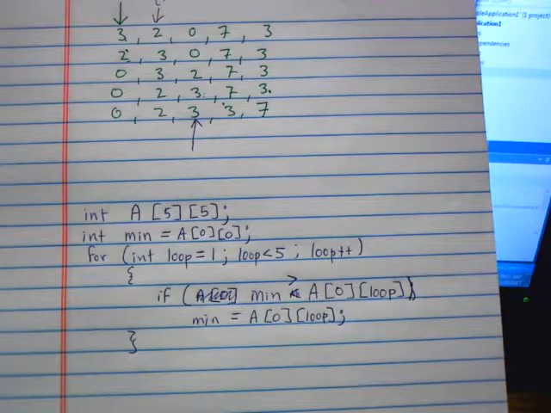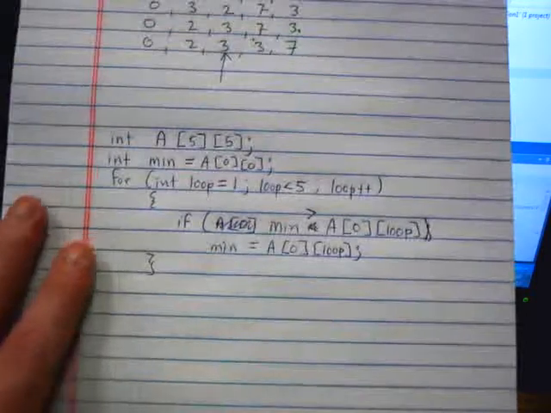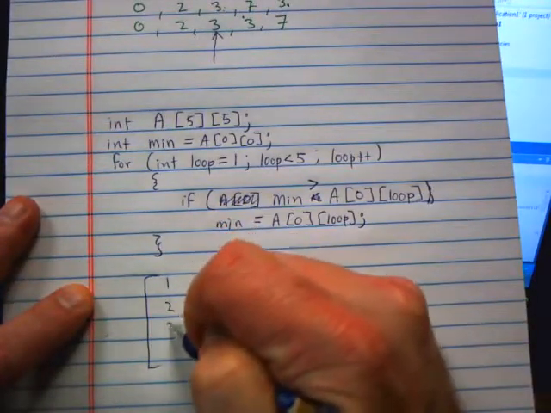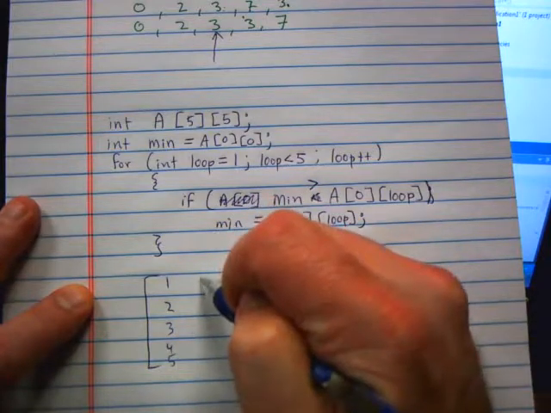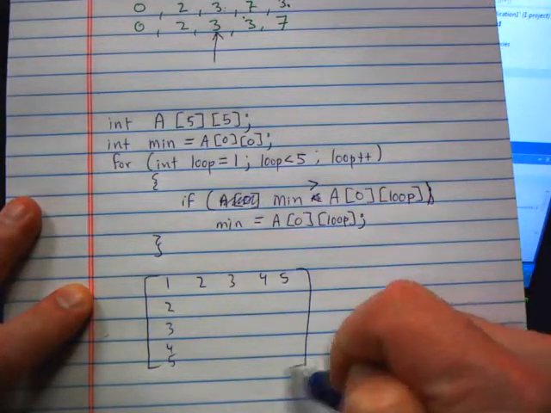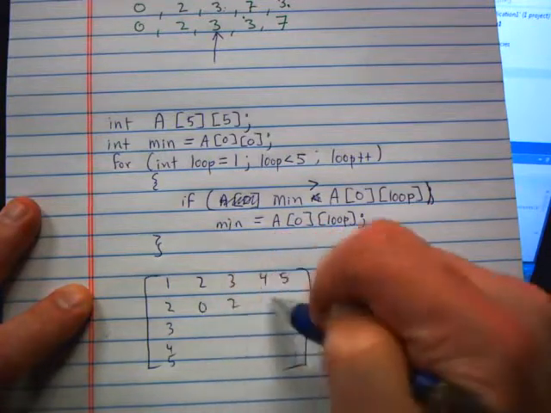All right, calculate the sum of each column of A, and then store that into a one-dimensional array of size 5. So here's what I'm saying. Let's say we have a 5 by 5 thing, and it's got a bunch of numbers in it.